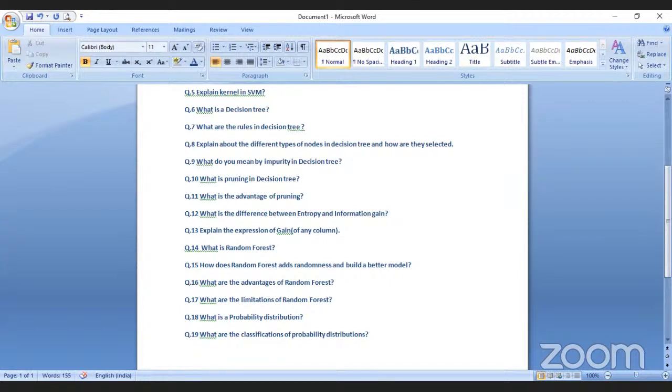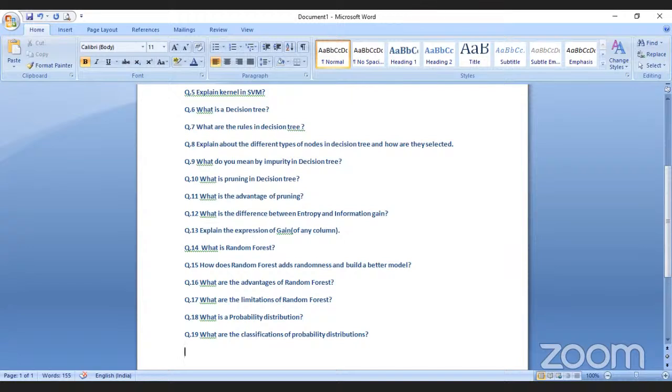Probability distributions are categorized into two. One is discrete probability distribution and one is continuous probability distribution. So these are the two classifications of distributions.